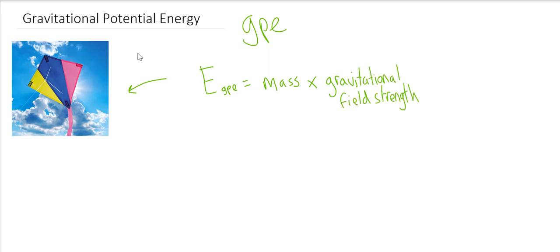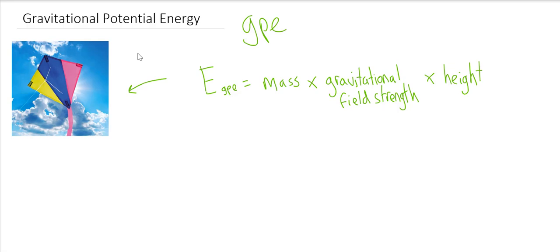Now, for your exam, you'll need to know how to calculate gravitational potential energy and the units of the different quantities in that equation. So, gravitational potential energy is equal to the mass of an object multiplied by the gravitational field strength times the height that the object has been raised.